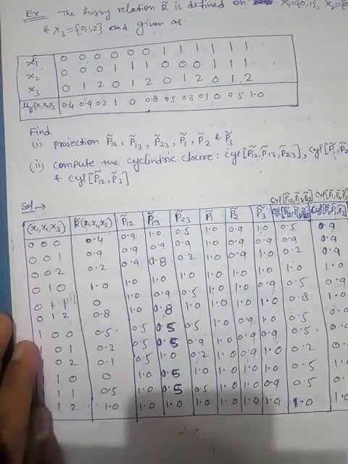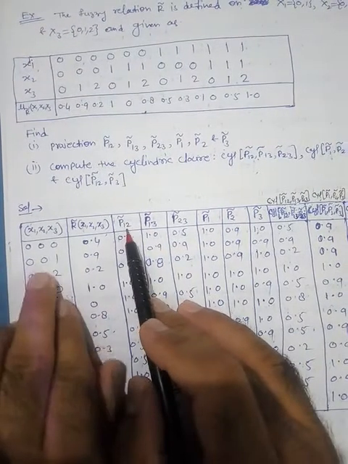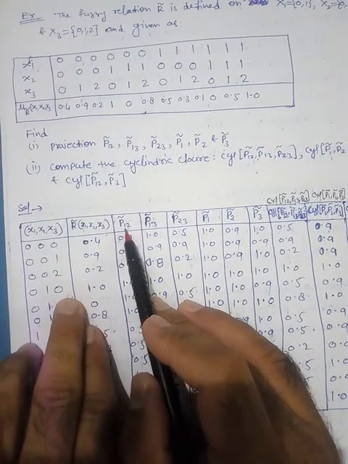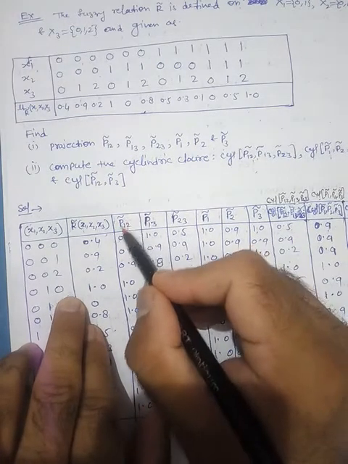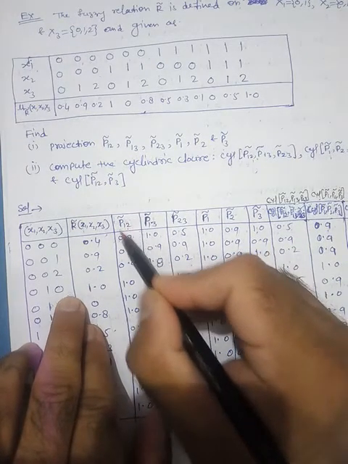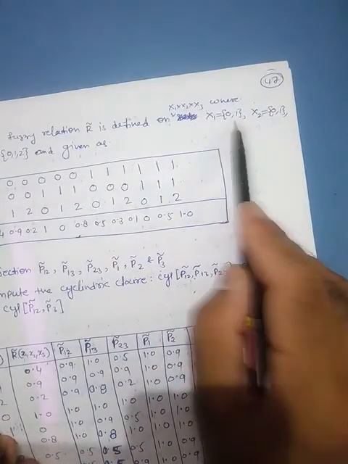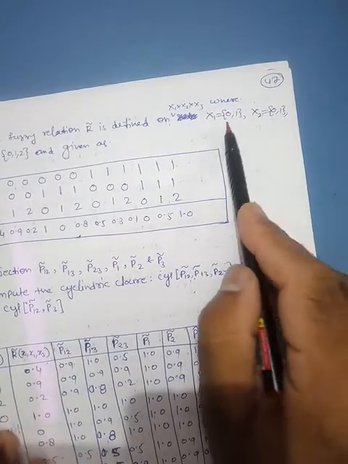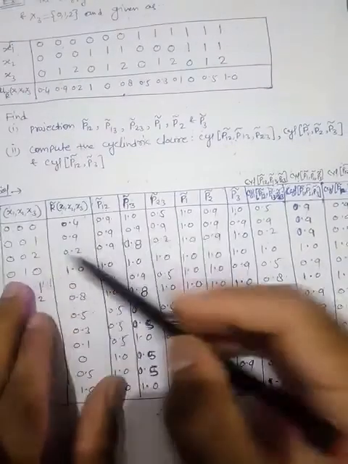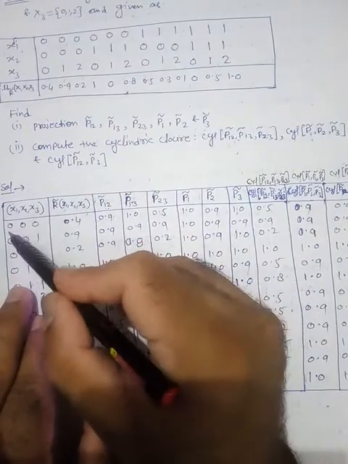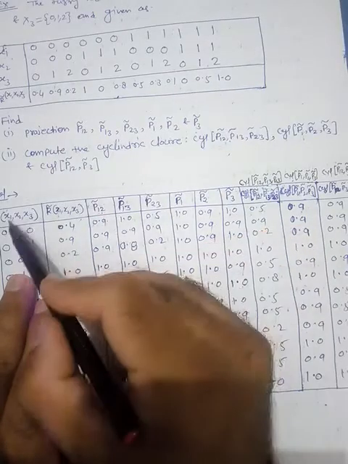First we find the projection P12, and you know the meaning: it is over X1 and X2. X1 and X2 are 0, 1 and 0, 1, so the possible pairs are 0,0, 0,1, 1,0, and 1,1. For the first pair 0,0, it appears in three rows, because we are talking about X1 and X2.